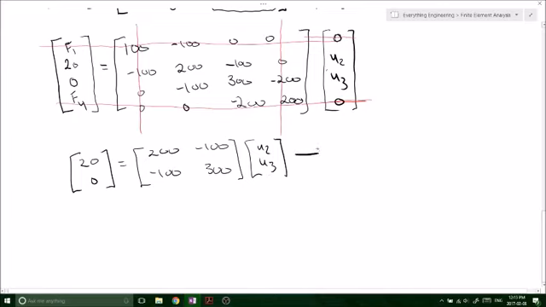I'm going to use Gaussian elimination to solve this matrix. So row 1 plus 2 times row 2, so I'm going to cancel out the first component.